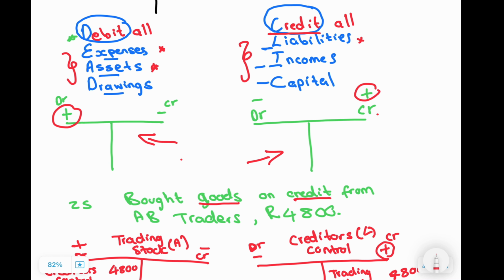Your liabilities are accounts like loan, creditors control, and the others. With incomes, we have rent income, commission income, current income, we have sales, and then capital is also its own account. Just make sure you know the sub accounts that fall under these four, which are expenses, assets, liabilities, and incomes. I hope this has made T accounts extremely easy for you to understand.